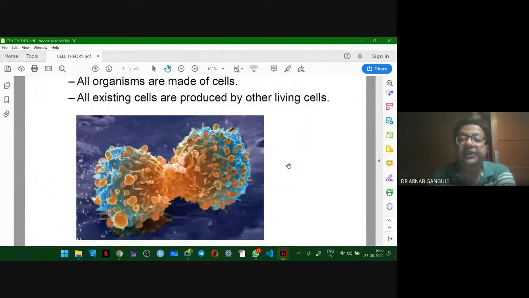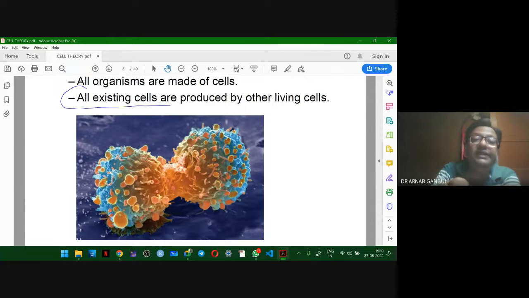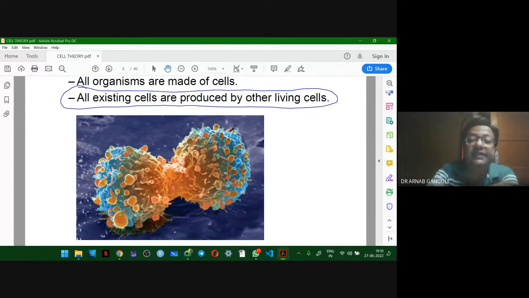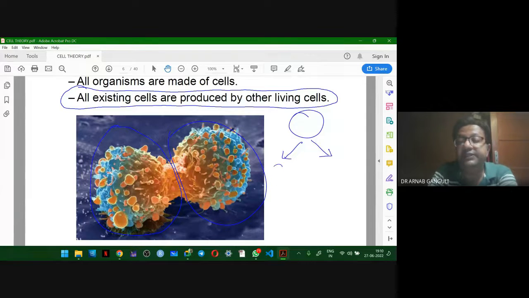The second principle is that all existing cells are produced by other living cells. You can see this was one cell here. It is now dividing into two cells. So one cell is dividing into two cells.